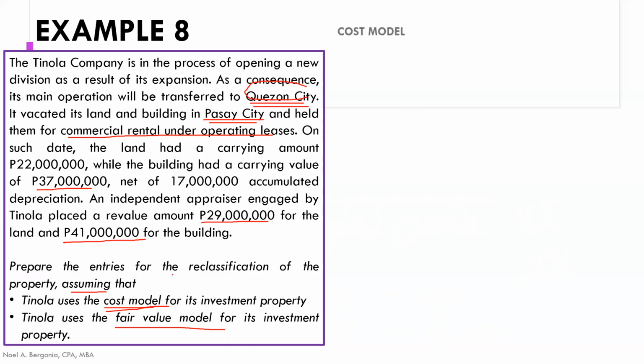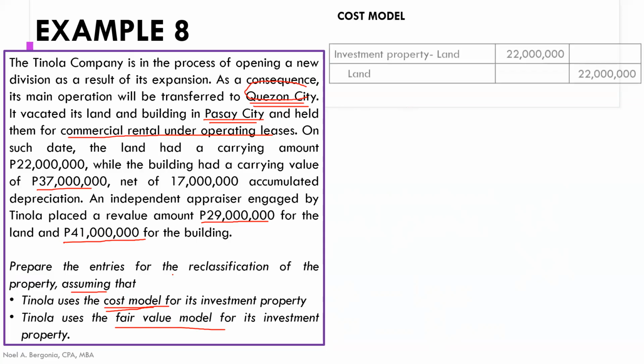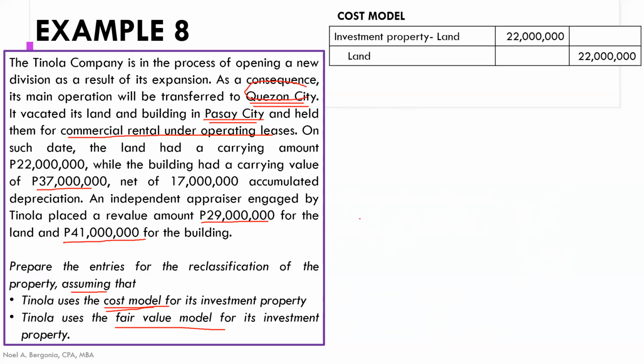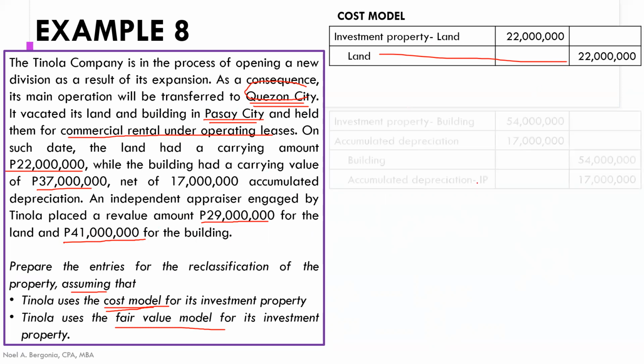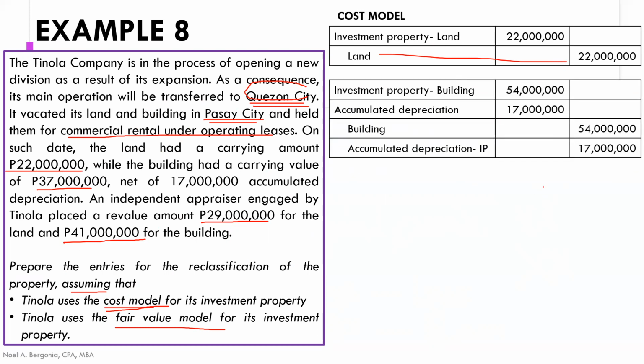So on the use of cost model for the transfer of land, it will just simply be debit investment property land, 22 million, which is the carrying value at the date of transfer, and credit land, 22 million. Now, as to the building, i-transfer mo lang lahat. You debit investment property building, 54 million.